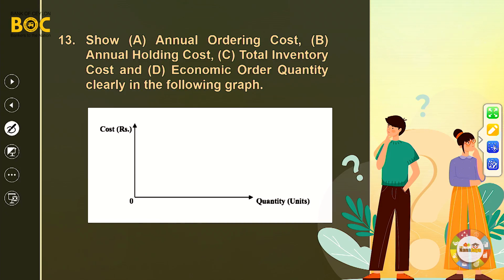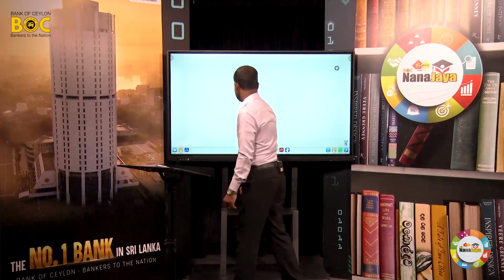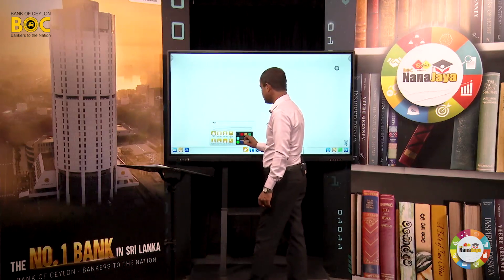Now the annual ordering cost. The total inventory related cost we divide into two: ordering cost and holding cost.